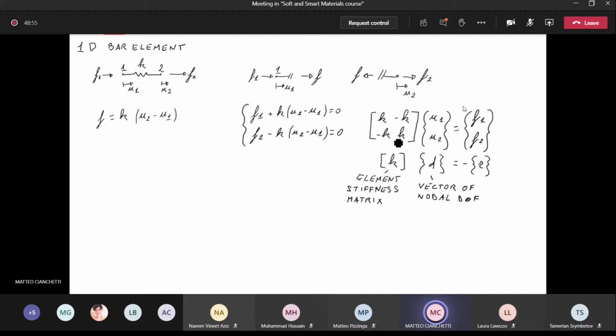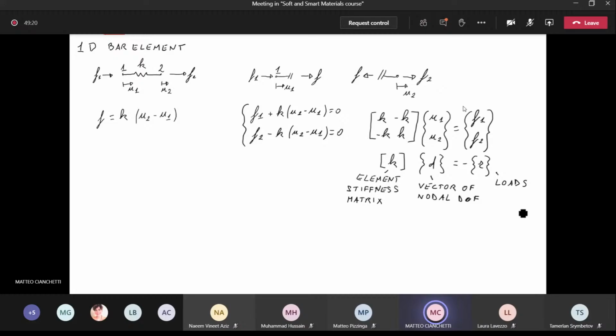And R are the loads due to the element deformation.